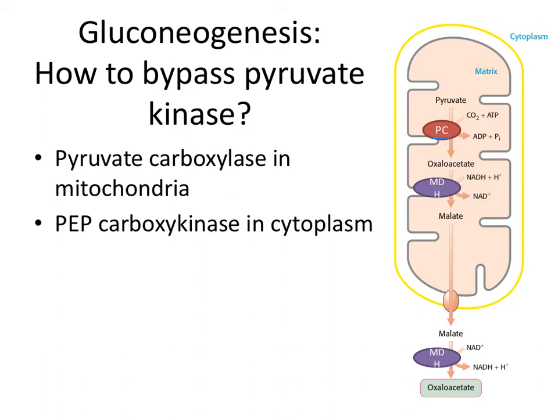Pyruvate carboxylase adds a CO2 group to pyruvate to produce oxaloacetate. Oxaloacetate can be readily converted into malate, and malate is easily brought into the cytoplasm of the cell and then easily reversed back into oxaloacetate.